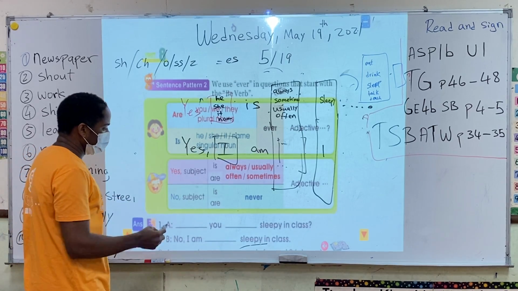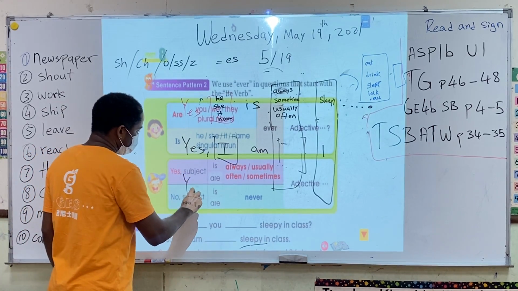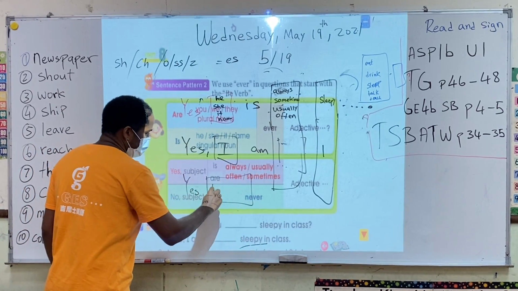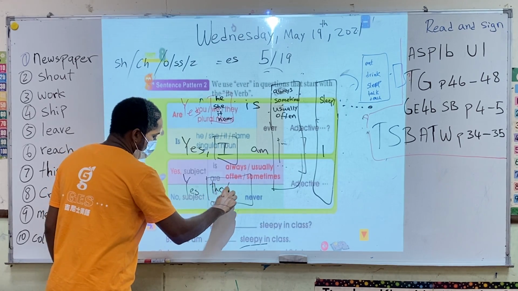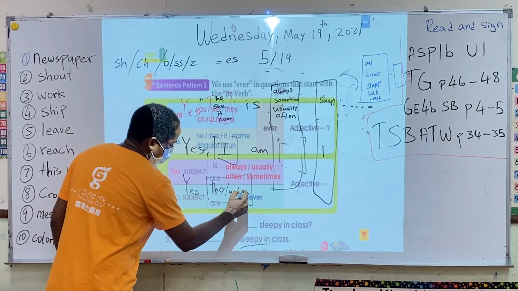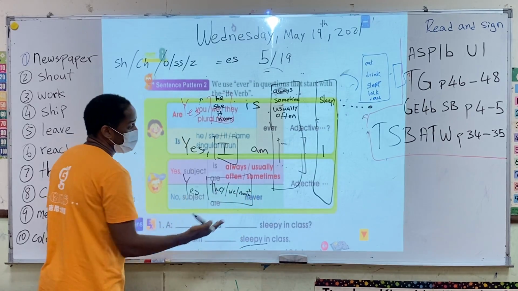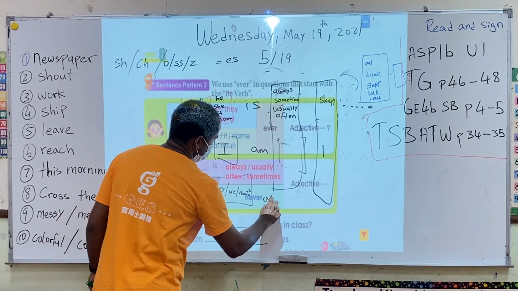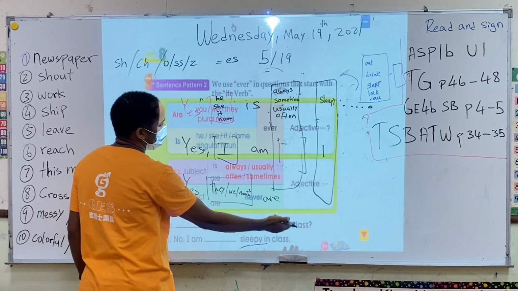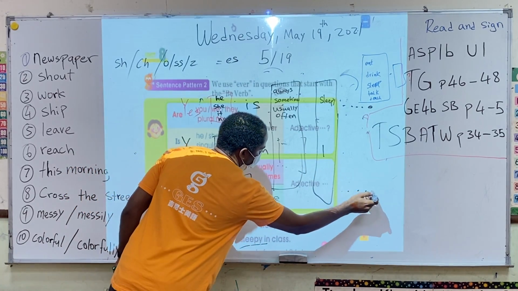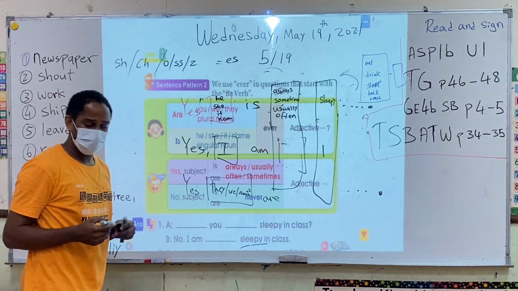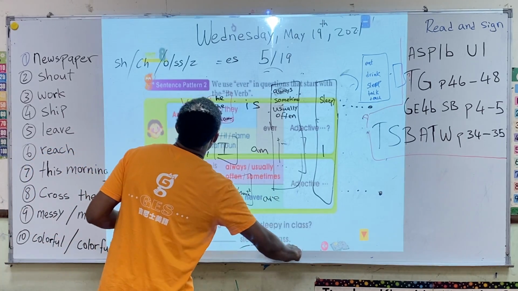And we go to this one. Yes, you have they or we, name plus two, or you can have plural nouns: are often, always, sleepy, and the rest of the sentence. Very easy.